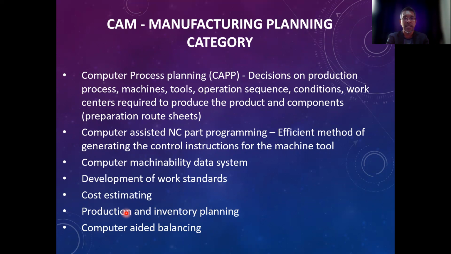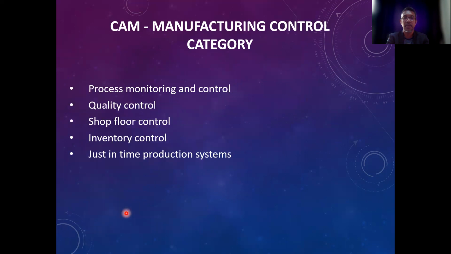Computer machinability data system, development of work standard and cost estimation, production and inventory planning. And then we also have a manufacturing control category.